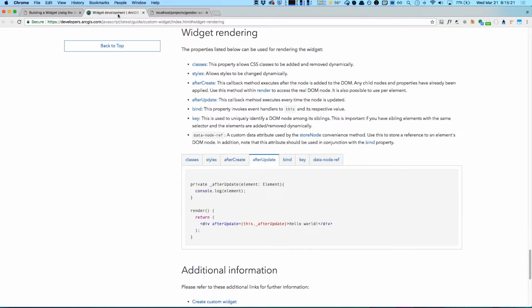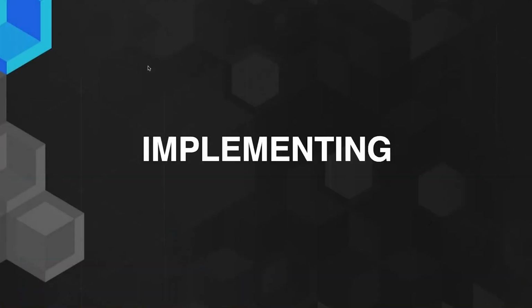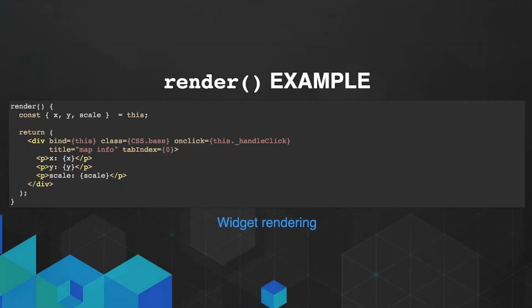So this is a really nice resource to check out. And just to reiterate, this is all JavaScript, and you can see I'm using these curly brace notations to use the actual values from the widget instance itself, and it's just JavaScript.